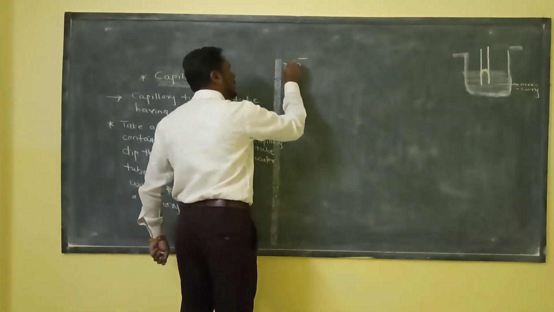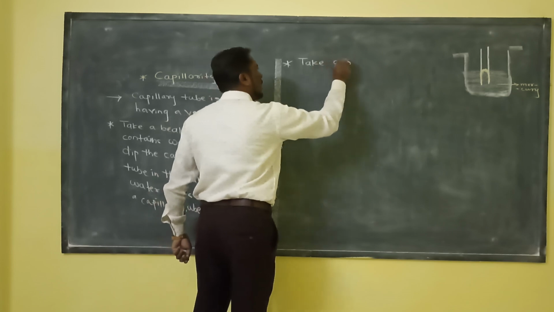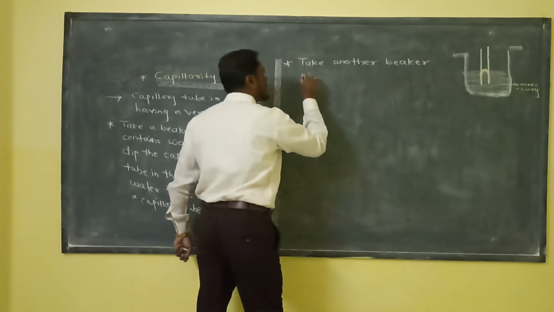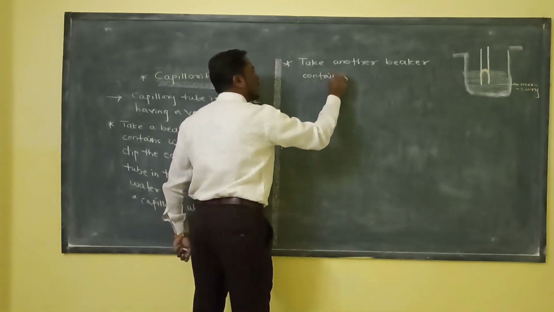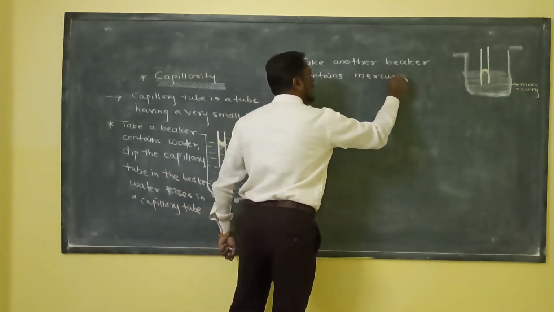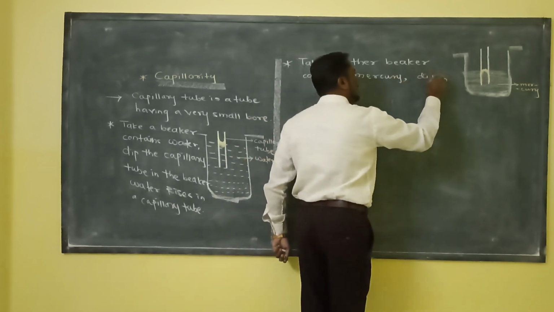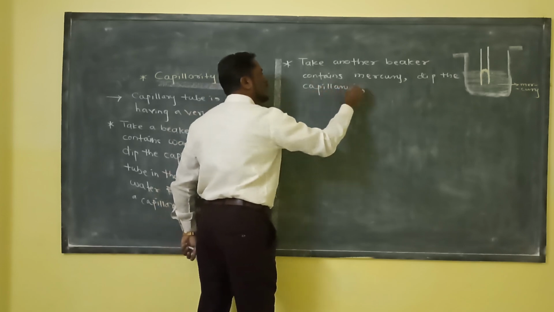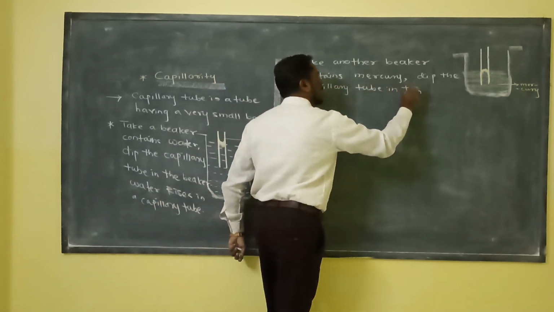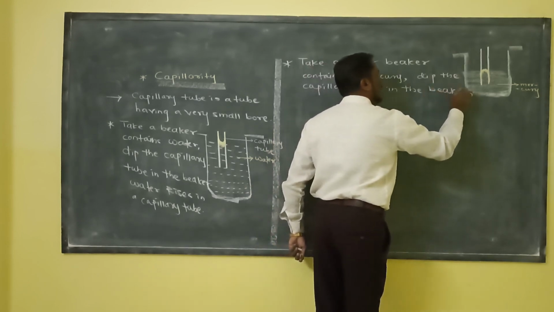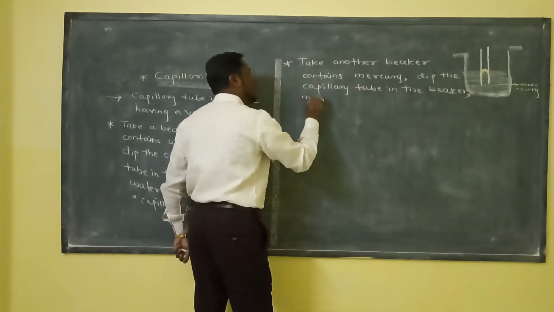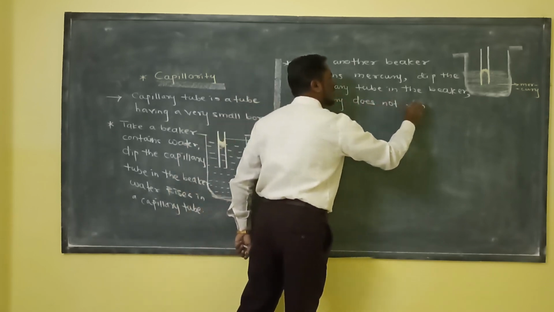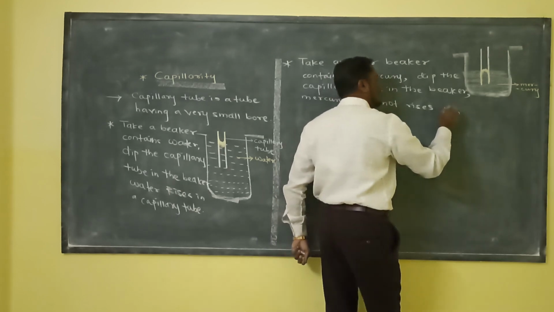Take another beaker containing mercury, dip the capillary tube in the beaker. What happens? Mercury does not rise.